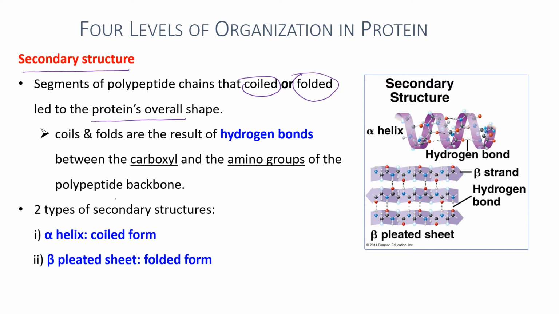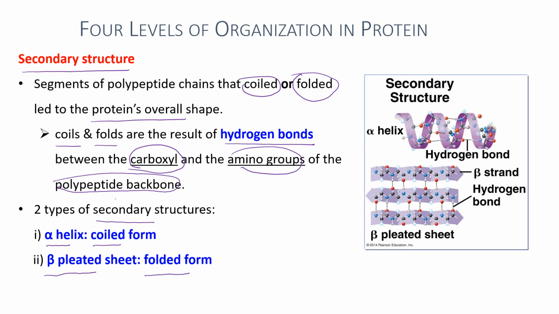It coils and folds as a result of hydrogen bonds that are formed between the carboxyl group and the amino group of the polypeptide chain. There are two types of secondary structure: the alpha helix, which is in the coiled form, and the beta pleated sheet, which is in the folded form.